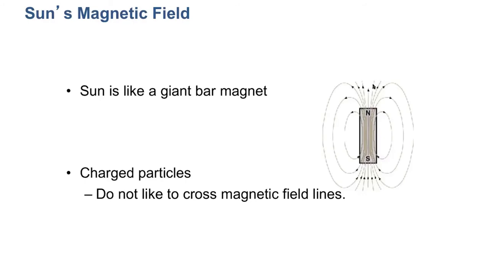It turns out the sun is kind of like a giant bar magnet. Let me draw this in here. The sun basically is a giant bar magnet. I didn't draw that circle very well, but you get the idea. Just like the Earth is a giant bar magnet. The Earth has a north magnetic pole and a south magnetic pole, and this is why your compass works, right?